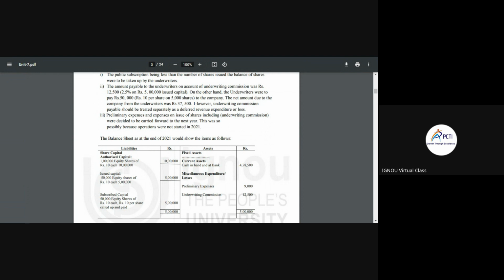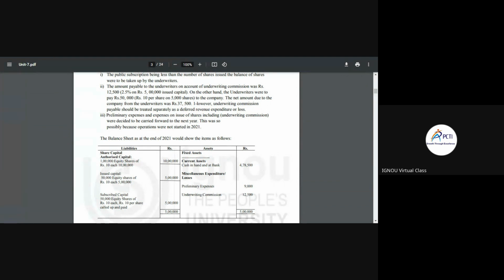The underwriter has to pay rupees 50,000, that is for 5,000 shares of rupees 10 each, to the company, and the net amount due to the company from the underwriter was rupees 37,500. However, underwriting commission payable should be treated separately as a deferred revenue expenditure or loss.